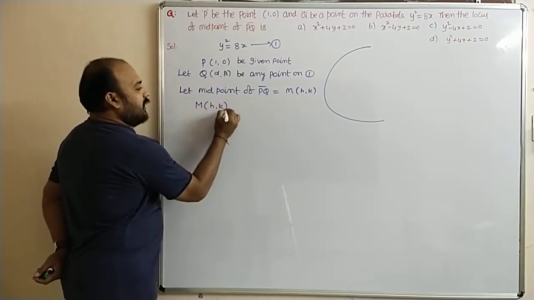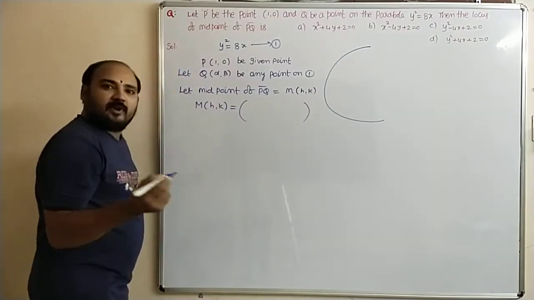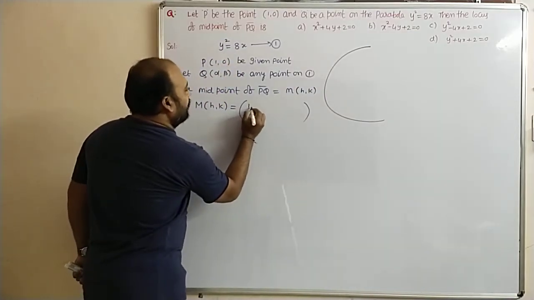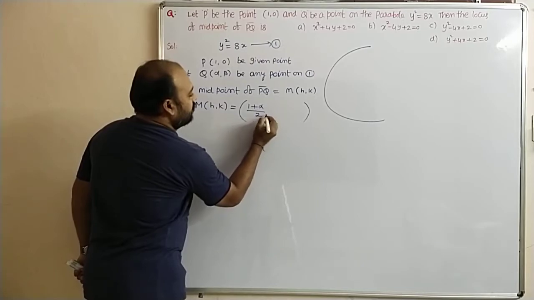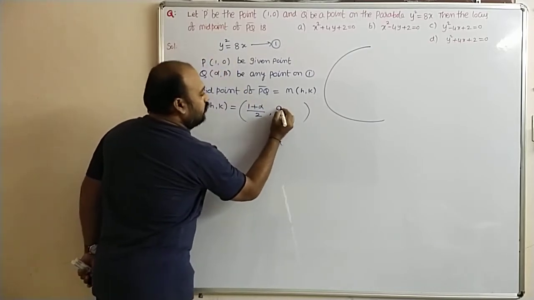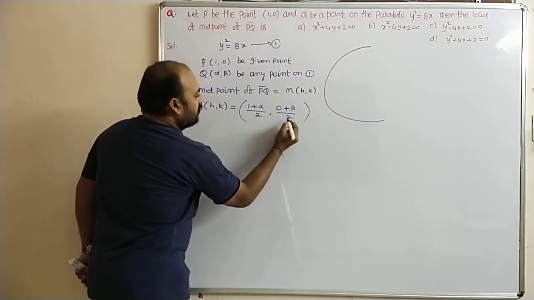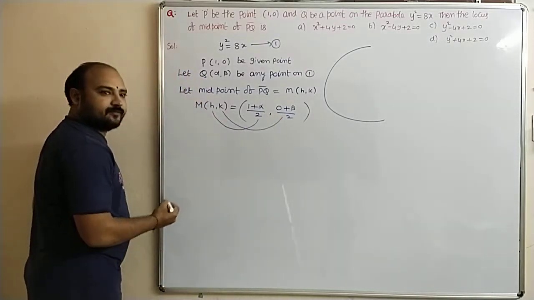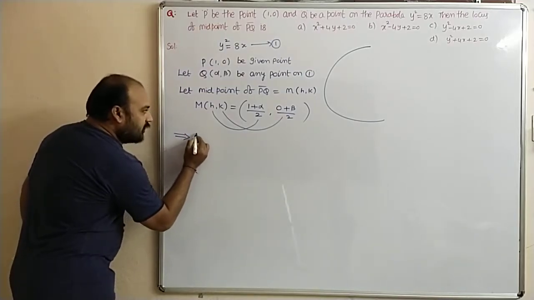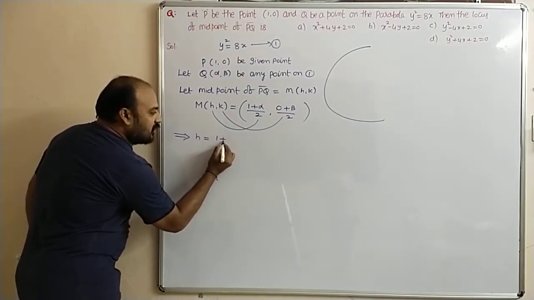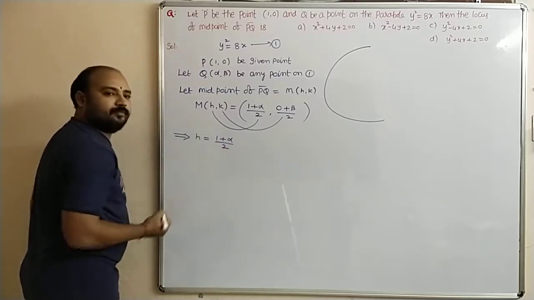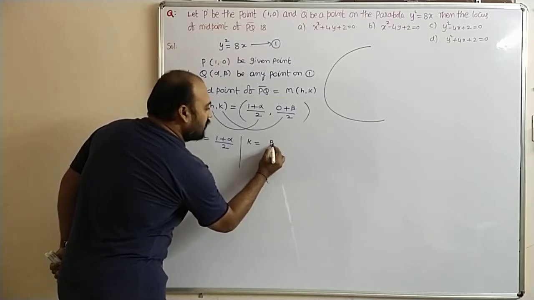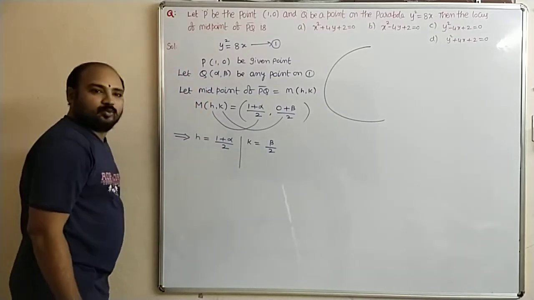M of (h, k) equal to, midpoint formula we know, no? (x1 plus x2) by 2, (y1 plus y2) by 2. So (1 plus alpha) by 2, (0 plus beta) by 2. So equating x coordinates and y coordinates, that implies h equal to (1 plus alpha) by 2 and k equal to (0 plus beta) by 2, that means beta by 2.